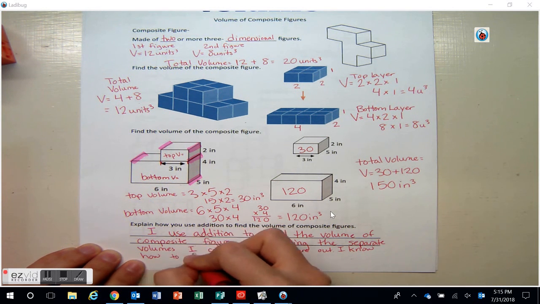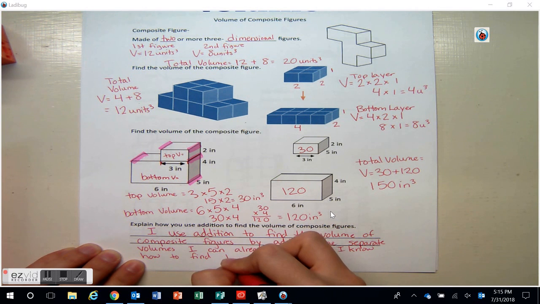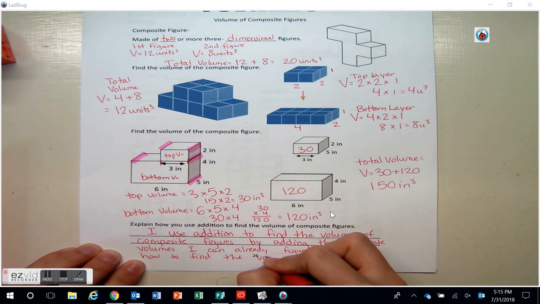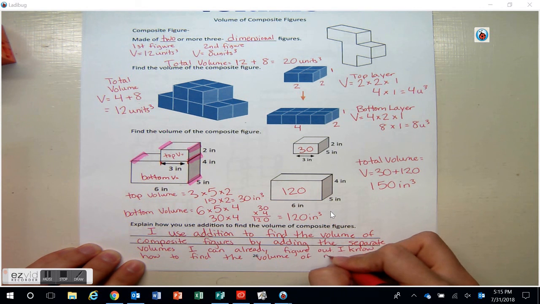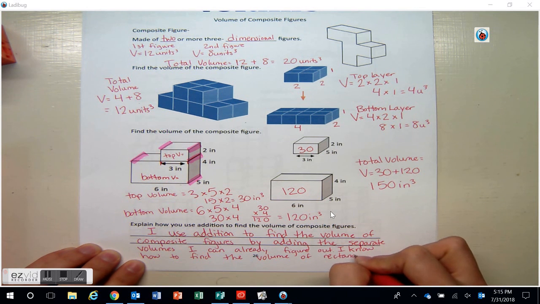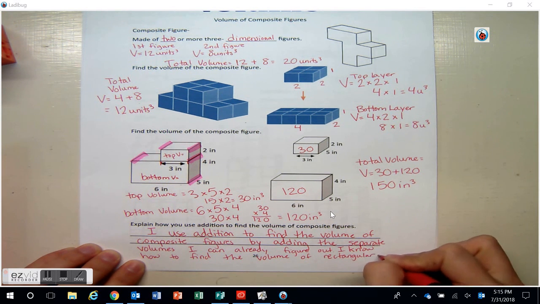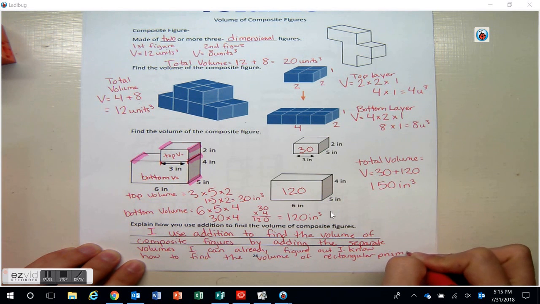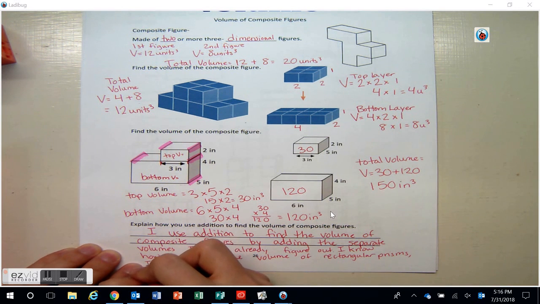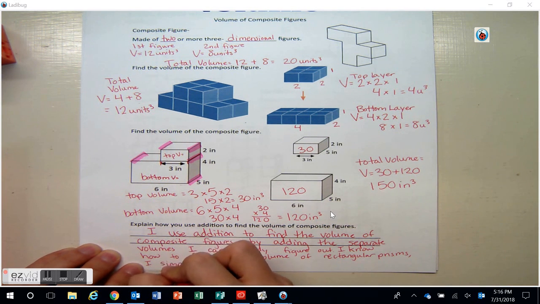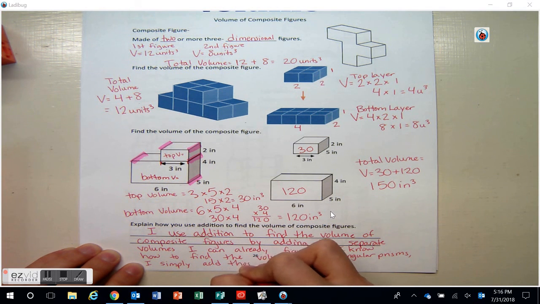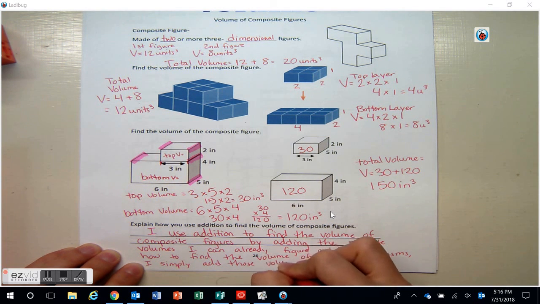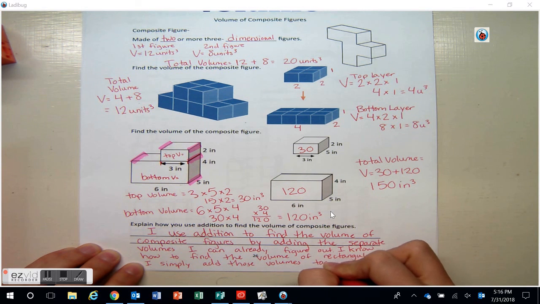I know how to find the volume of rectangular prisms. I simply add those volumes together.